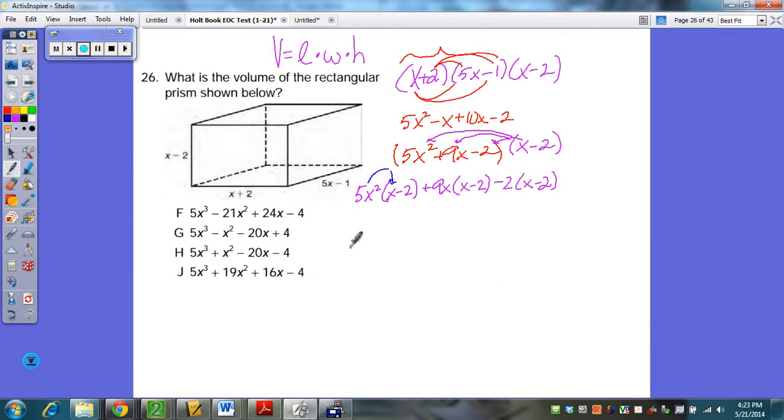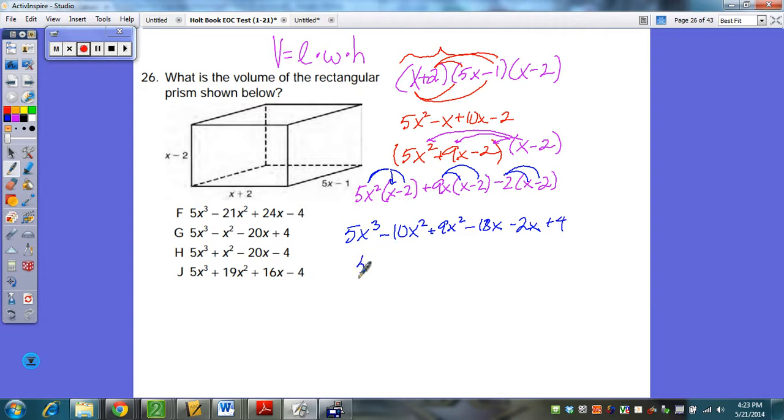So we have 5x squared times x, which is 5x cubed. 5x squared times negative 2, negative 10x squared. 9x times x, 9x squared. 9x times negative 2, negative 18x. Negative 2 times x, negative 2x. And negative 2 times negative 2, positive 4.